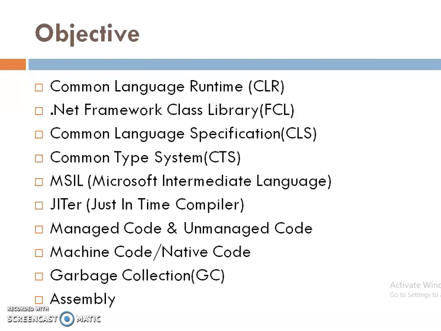First we learn Common Language Runtime, then .NET Framework Class Library, then Common Language Specification, then Common Type System, then MSIL, Microsoft Intermediate Language, then Just-in-Time Compiler, then Managed Code and Unmanaged Code, then Machine Code, also called Native Code, then Garbage Collection, GC, and last we learn Assembly.